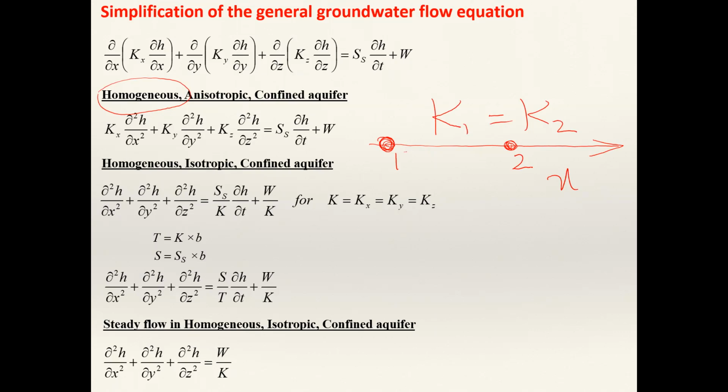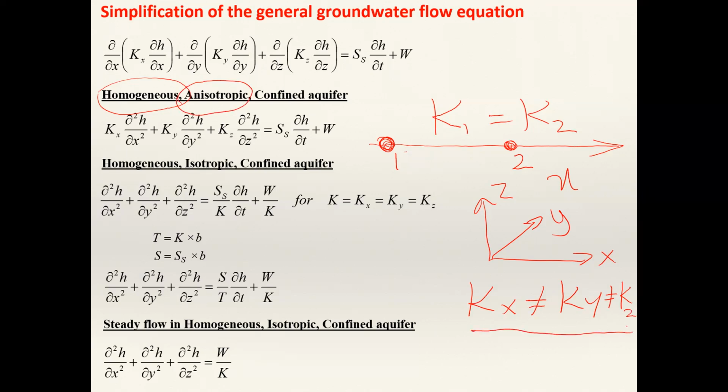But still, there are three directions. We said X, Y. So the Kx can be different to Ky, and it can be different to Kz. Along the principal directions, the hydraulic conductivity can be different. That is the anisotropic aquifer.